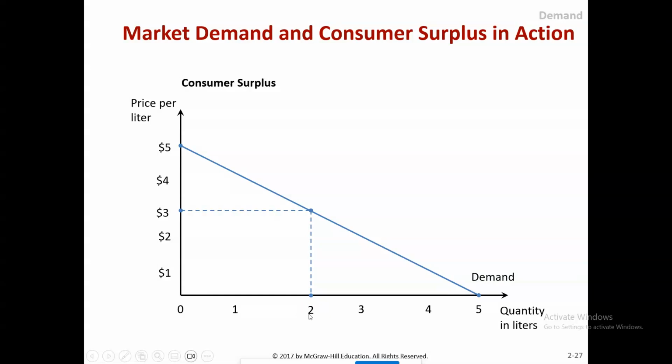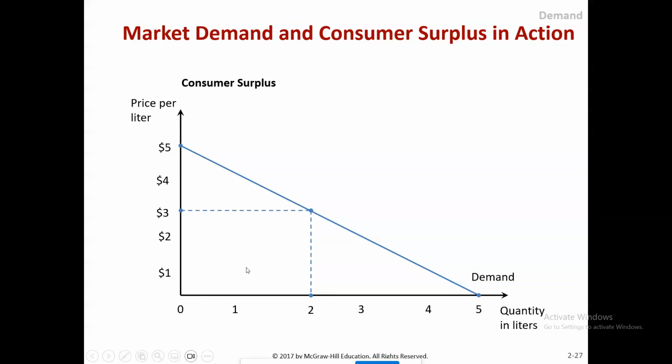Alternatively, at a certain limited quantity, let's say there's only 2 units out there, consumers are willing to pay this much. At 1 unit, consumers are willing to pay $4. At half, consumers are willing to pay $4.50.